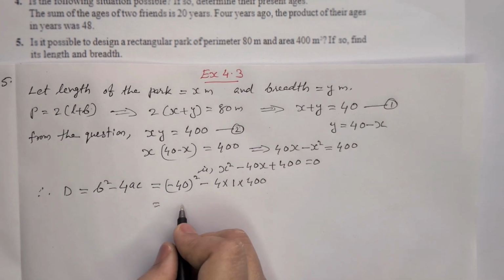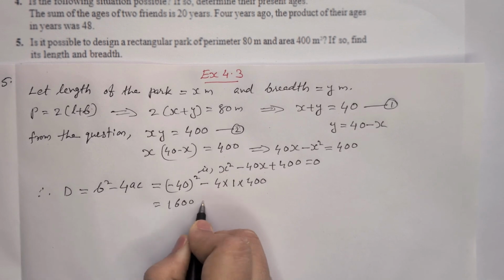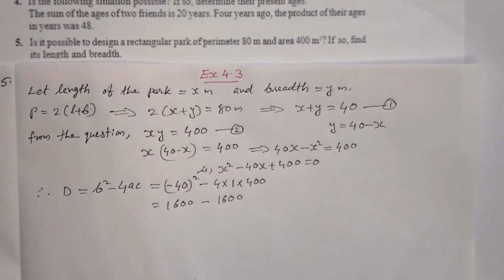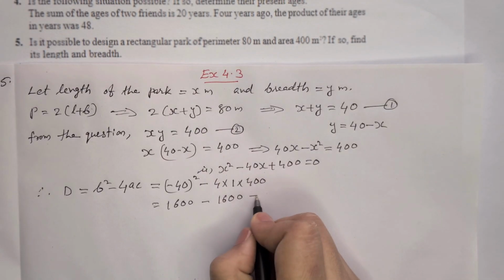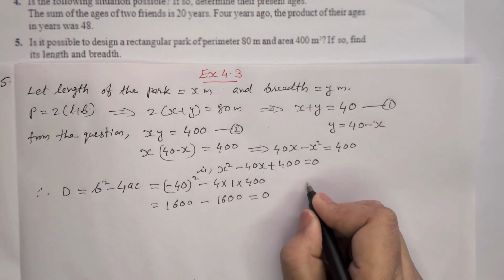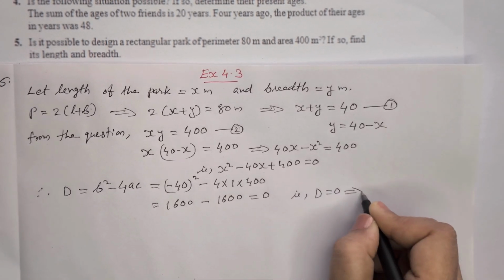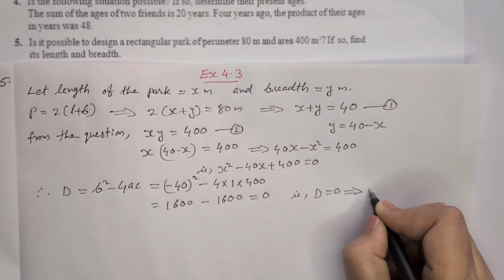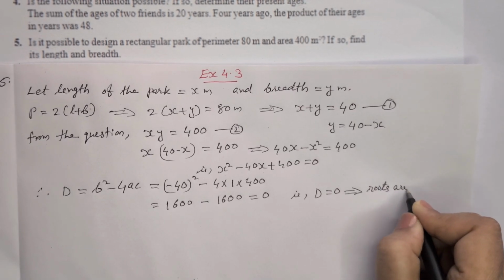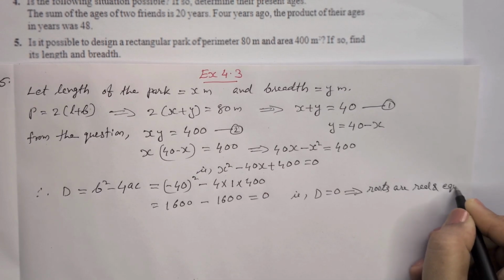That is minus 40 square, that means 1600, minus 4 into 400, that is 1600. Here we are getting D equal to 0. So we know that D is equal to 0, which implies roots are real and equal.